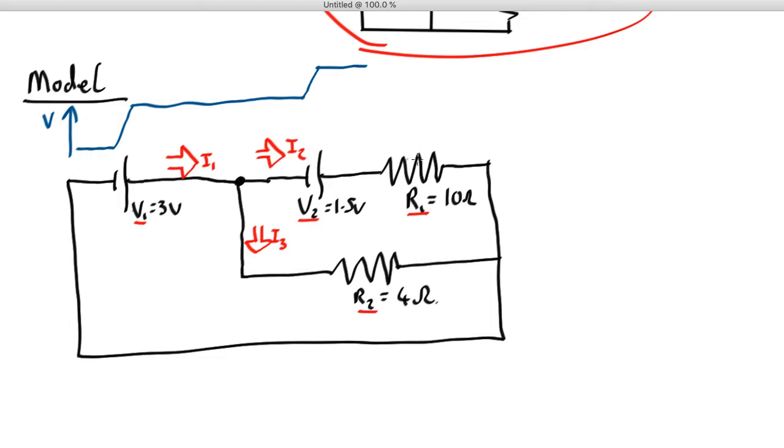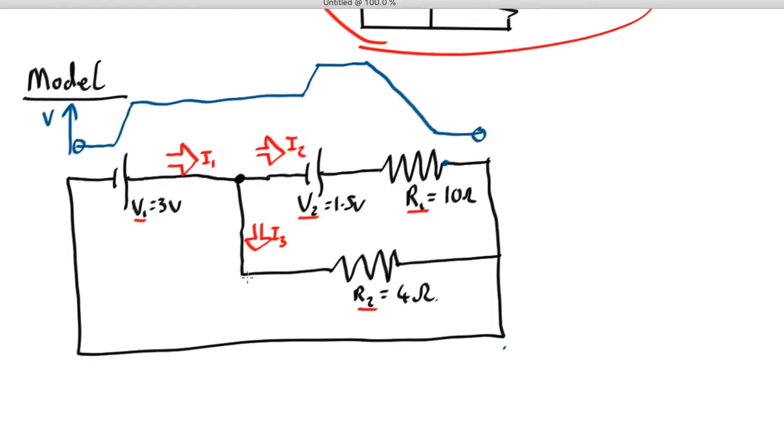Now the current's going this way through the resistor. Current always flows from high voltage to low voltage, so that means the voltage must drop as you go from here to here. It's going to drop and then go off. And we know that that end here is connected by wires to here, so these two must be at the same voltage. That's the top branch of the circuit.